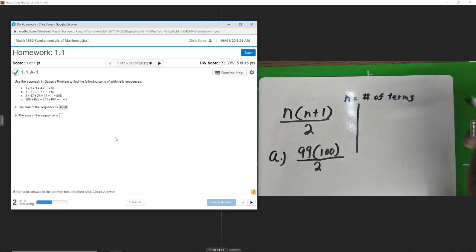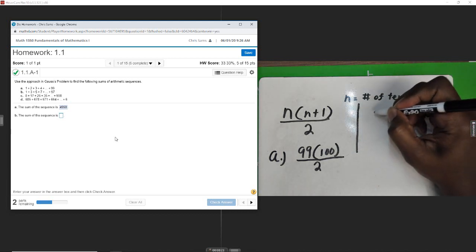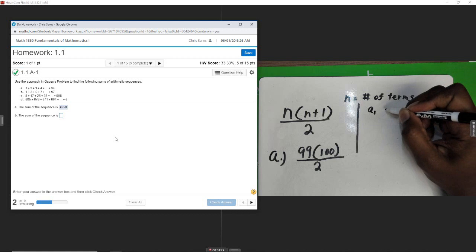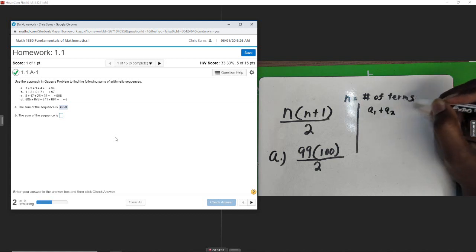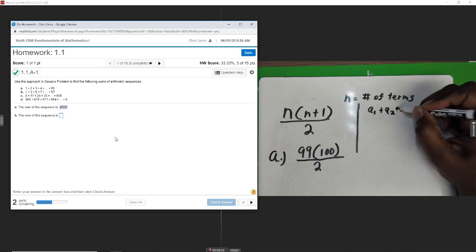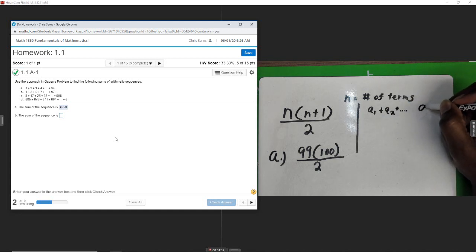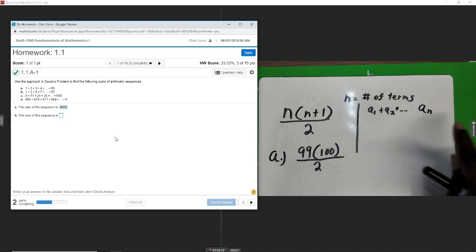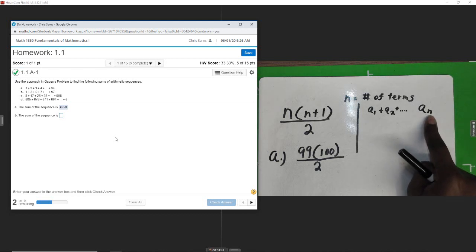And just say that you have a sequence, so it might start with anything. I'm going to say A1 is the first term. I'm just indexing it, A1. And then we have another term, A2. And then we got dot, dot, dot. We keep adding these up, and we go to some AN term. So we're still able to count how many terms we have.